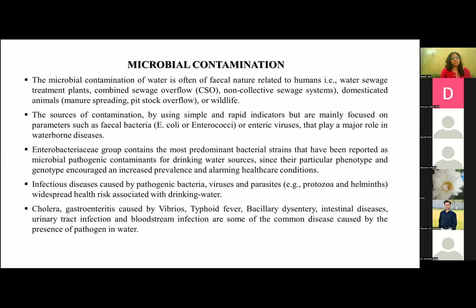Now, pH adjustment. The pH of water is a measure of the acid-base equilibrium, and in most natural waters it is controlled by the carbon dioxide, bicarbonate, carbonate equilibrium system. Again, in the case of smaller water units where a smaller amount of water has to be stored, with the help of some chemicals you can maintain the pH.